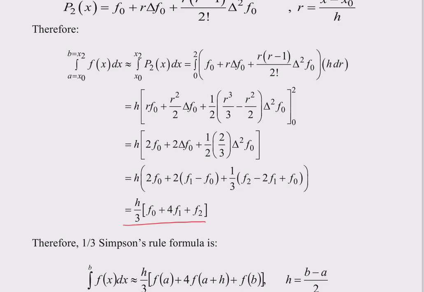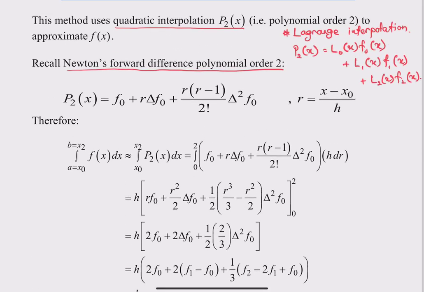So maybe for the L0 here, I can give you just L0 is equal to (x minus x1) and then (x minus x2) divided by (x0 minus x1)(x0 minus x2). This is your L0, and then L1, L2.